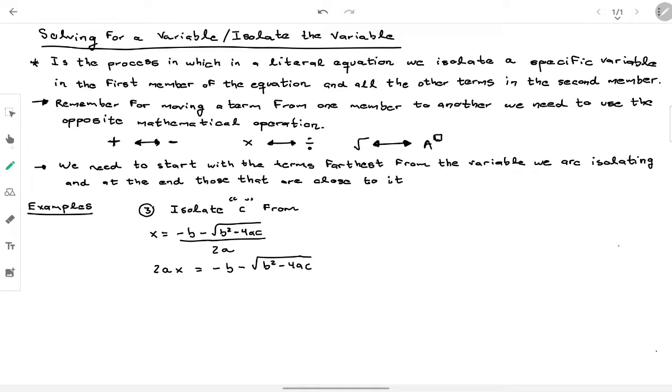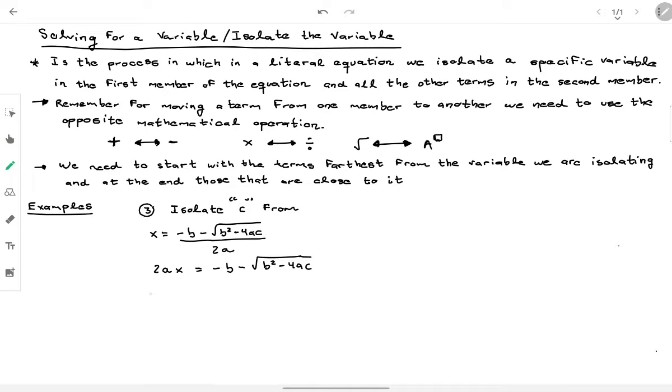After that, what happens? It depends. Maybe we can send this minus to the other side or this minus to the other side. That's up to you. I will send this one because that will mean that the C is already to the left.